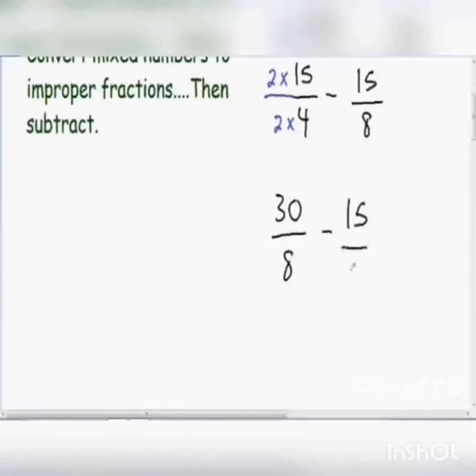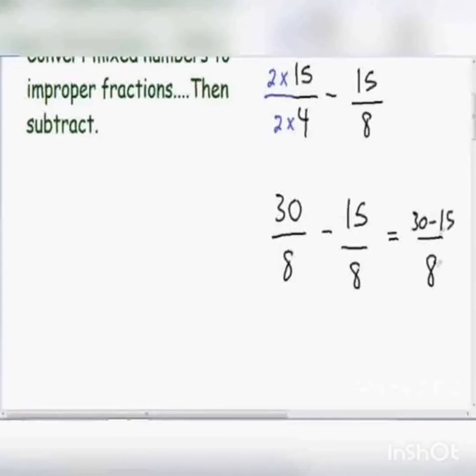So we have 30 over 8 minus 15 over 8. Now the denominators are the same because both of them are 8. As usual, we pick one of them and write it down. That's an 8. Then the numerator is going to be 30 minus 15.